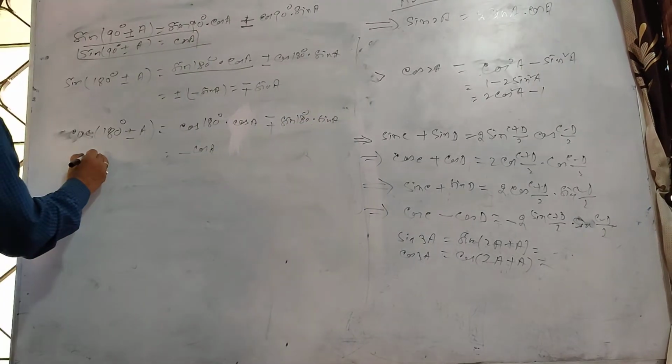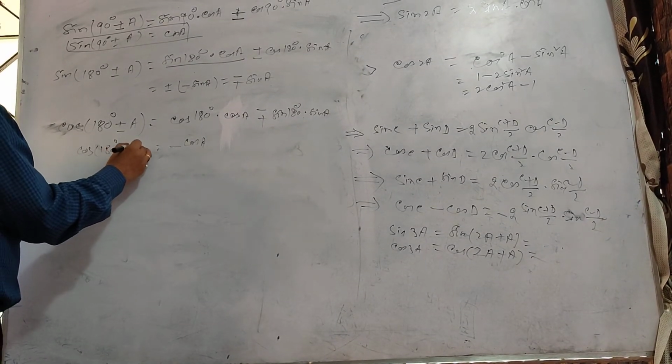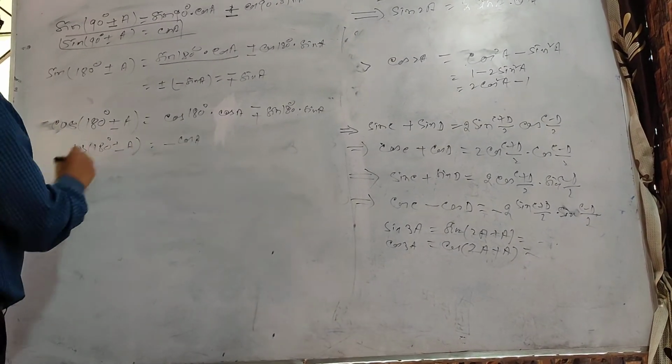So this result will be obtained: cos(180 degree plus minus A) is equal to only minus cos A.